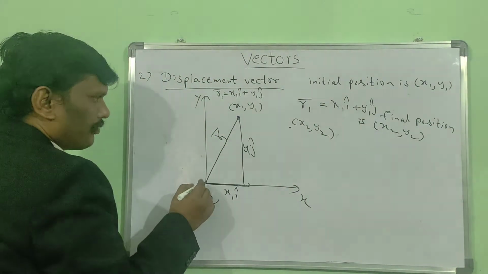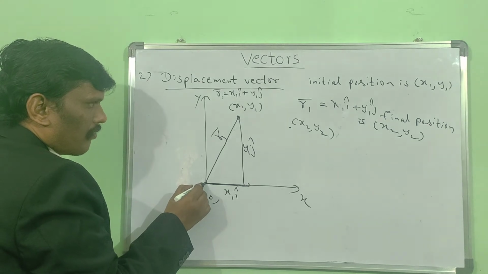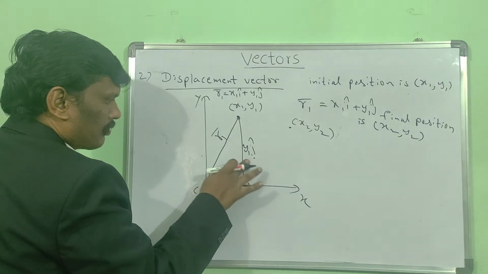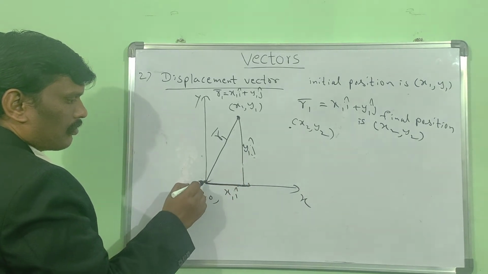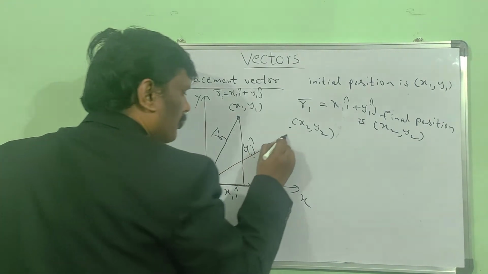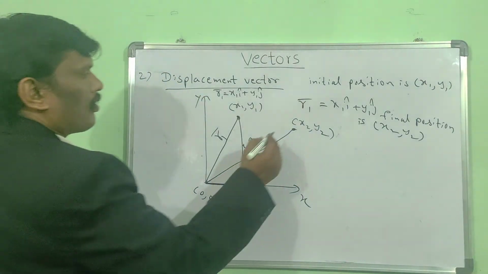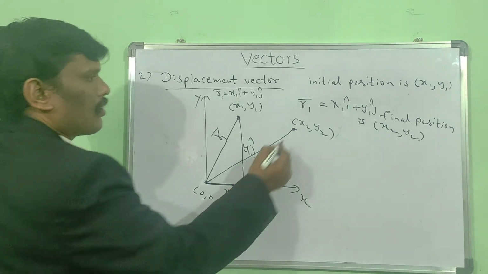Then how to represent? This is the final position vector, x2 comma y2. This is the final position.